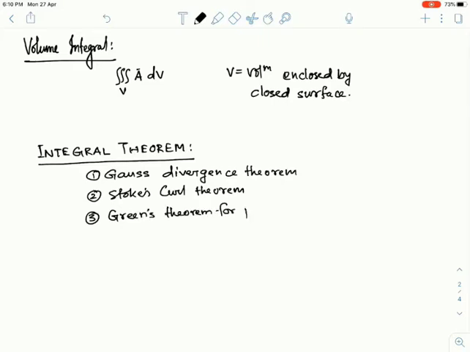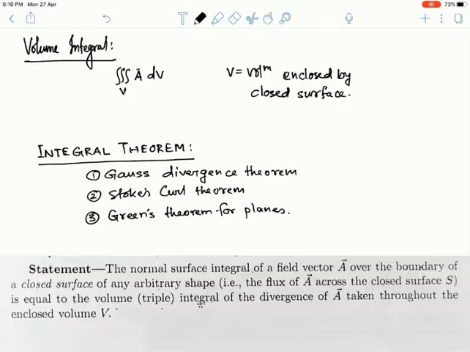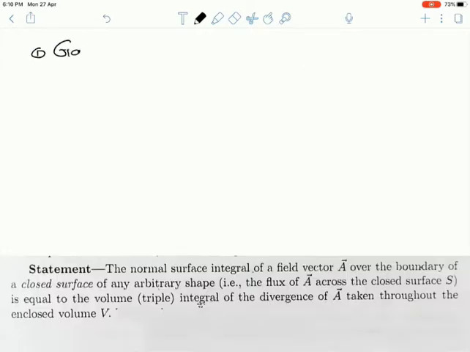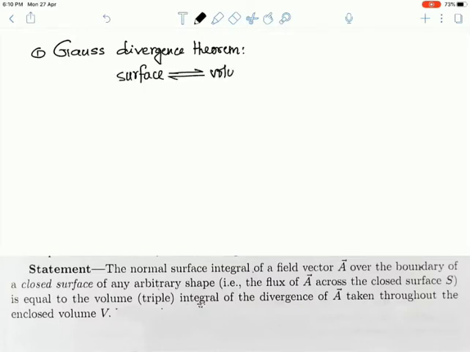So Gauss divergence theorem. This is an integral theorem about the transformation between surface integral and volume integral.